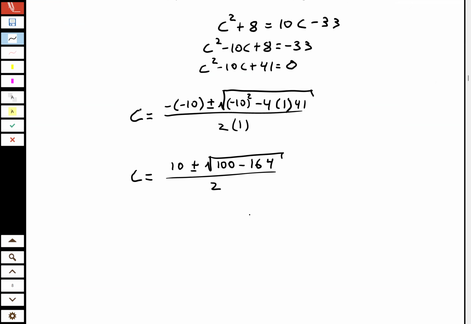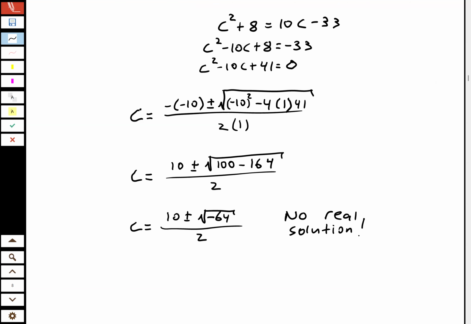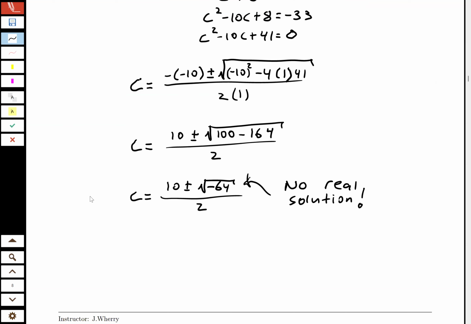When I do this, I have 10 plus or minus the square root of negative 64 over 2. I can't take square roots of negative numbers, so there is no real solution to this. Which means if I was hoping for a value of c that was a nice non-imaginary, non-complex number, that's out of the question here because I'm taking the square root of a negative.